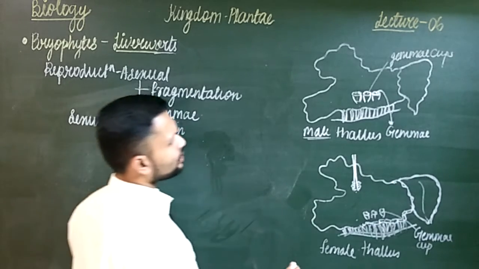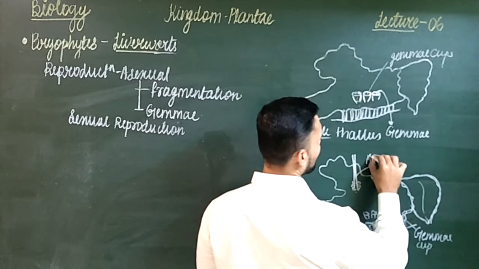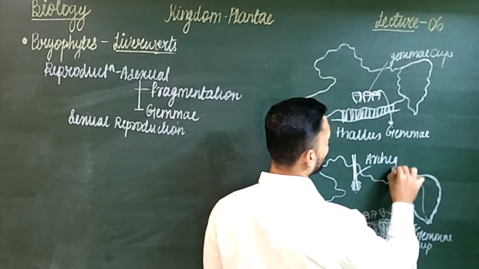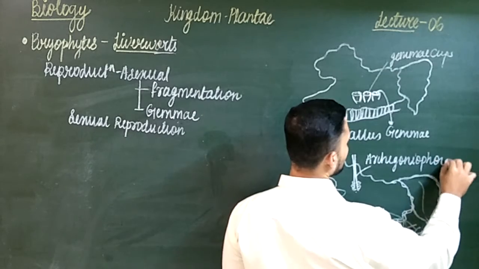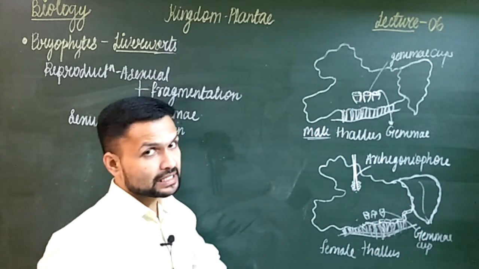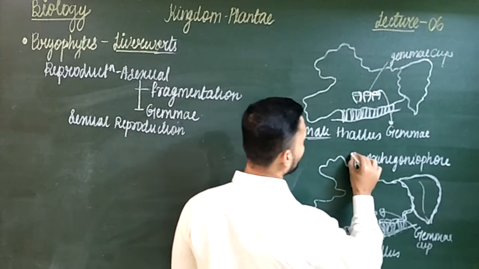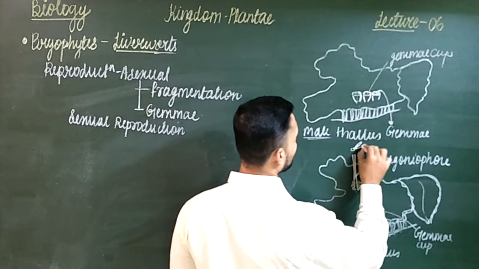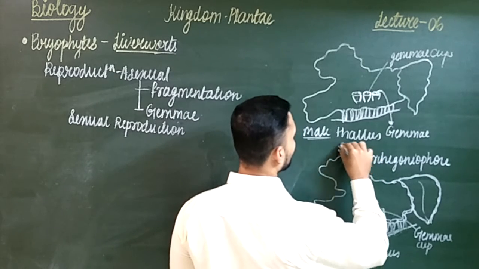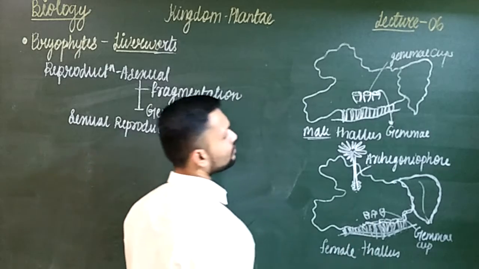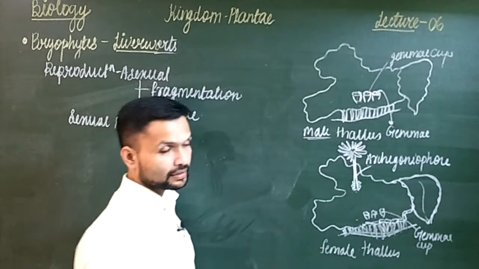So the female thallus will produce an upright branch known as archegoniophore. The branch which bears the gametes and the sex organ is the archegoniophore, where you will find the archegonia located, within which we will find the female gamete.